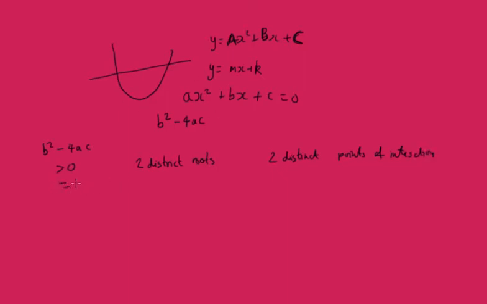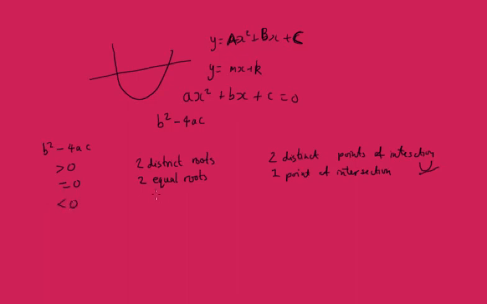If it was equal to 0, we had two equal roots, so one point of intersection. So that would have looked like our curve and our line just touching it gently there.